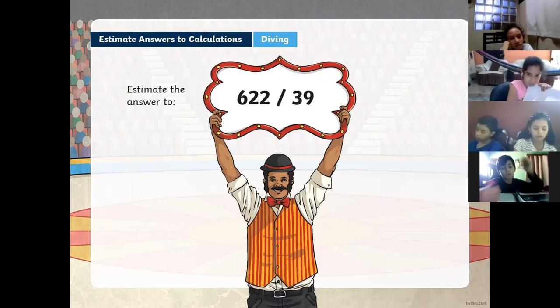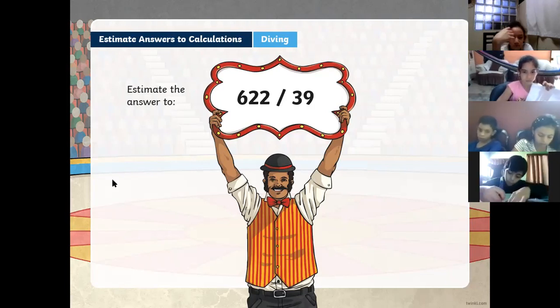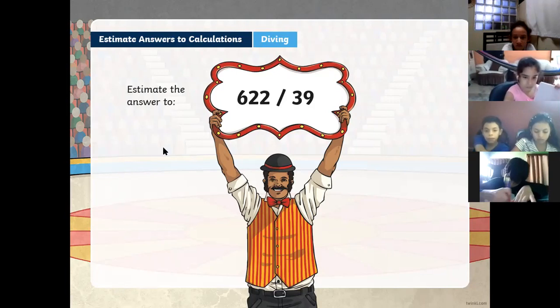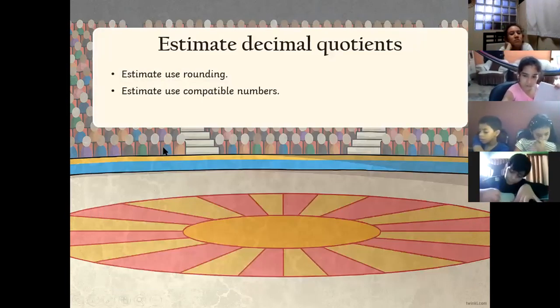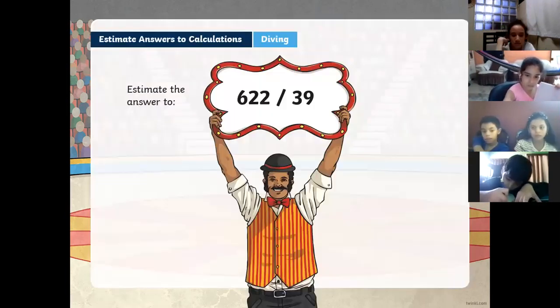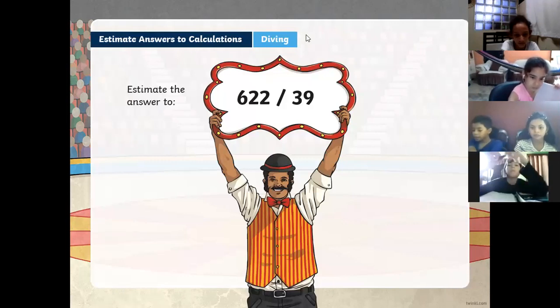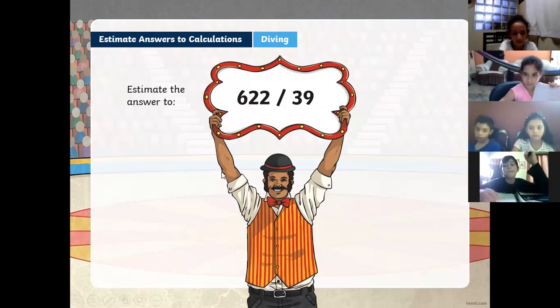Can somebody see the screen? Yes or no? Okay, nice. So you have here a division: 622 divided by 39.